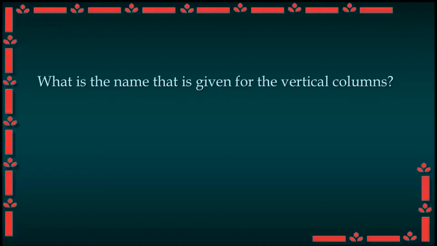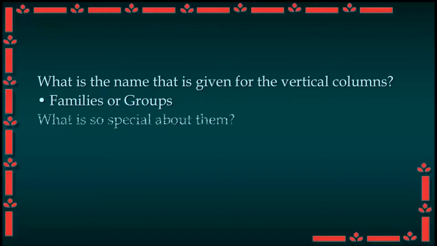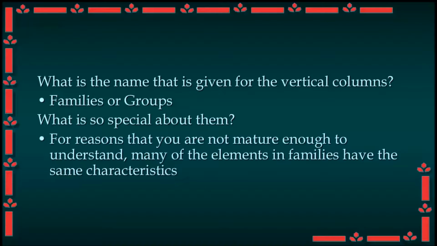What is the name that's given to the vertical columns? The groups or families. Groups or families. What is so special about them? Well, the fact is that pretty much if you're in the same column, then you will have very similar properties. Just like the Lenores are all the Lenores. Why?